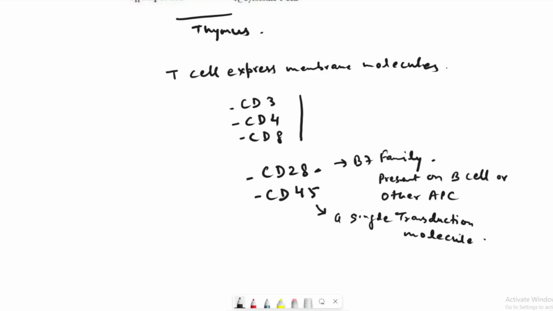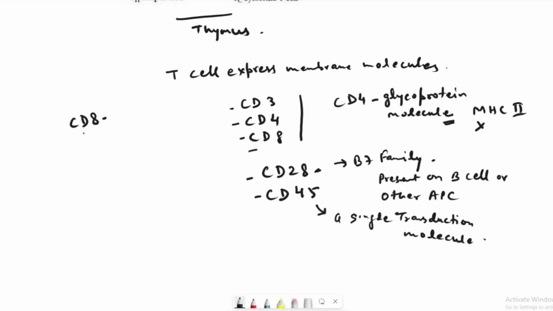T cells that express the membrane glycoprotein molecule CD4 are restricted to recognizing antigen bound to class 2 MHC, whereas T cells expressing CD8, a dimeric membrane glycoprotein, are restricted to recognition of antigen bound to class 1 MHC molecules.